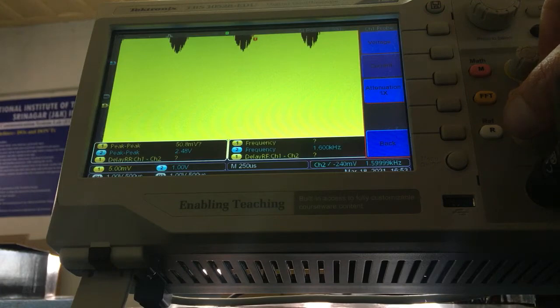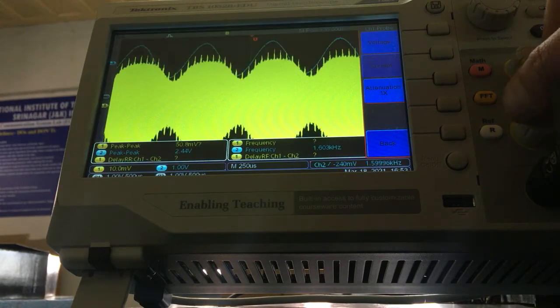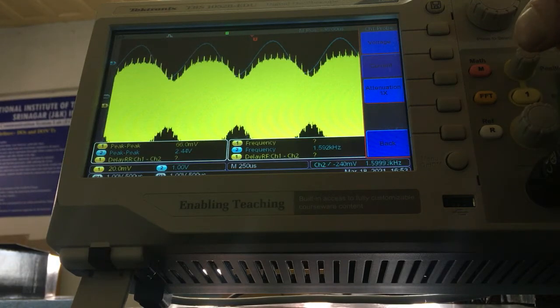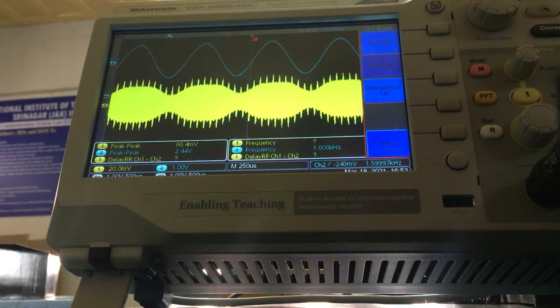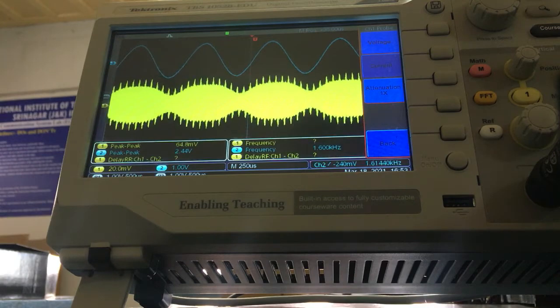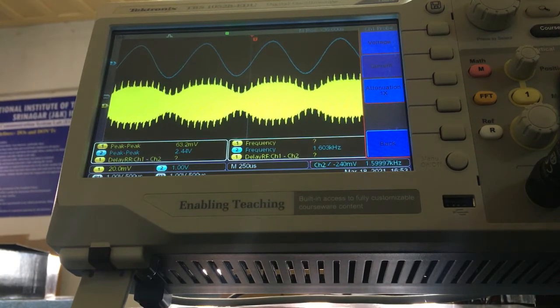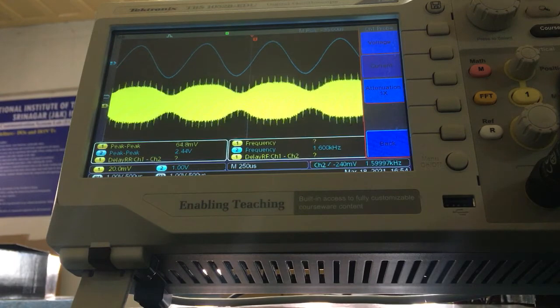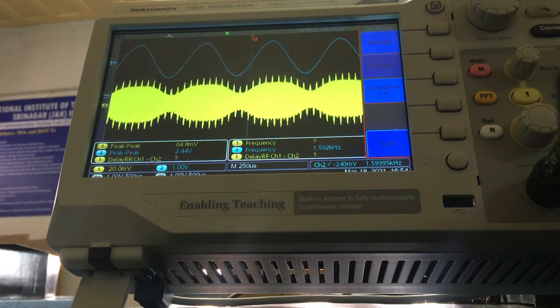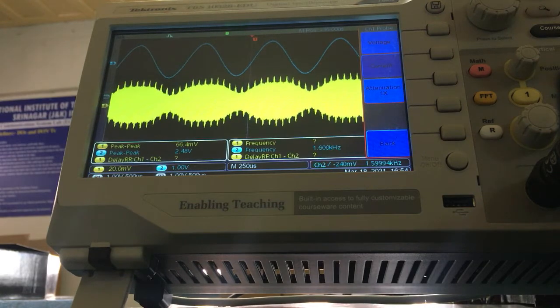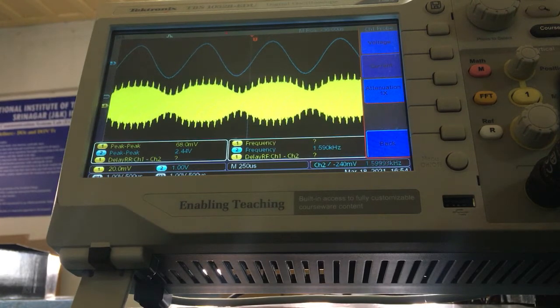So we need to reduce the scope scale so that the waveform comes inside the viewing area of the CRO, and you can see that the peak to peak has now jumped to 65 millivolts. And remember, at the receiver we need to use a different probe, called an X10 probe, which does not load our very minute signal levels, and yet can detect them.